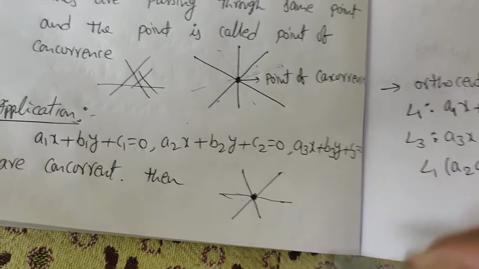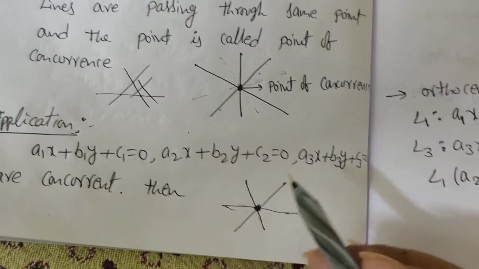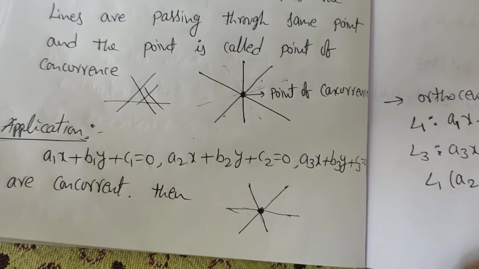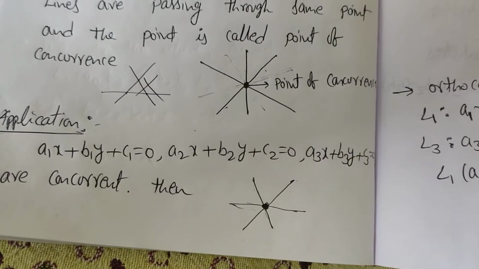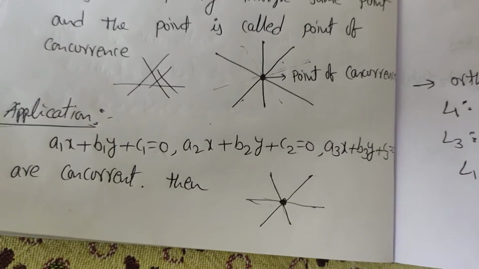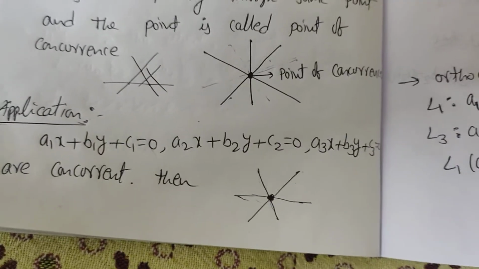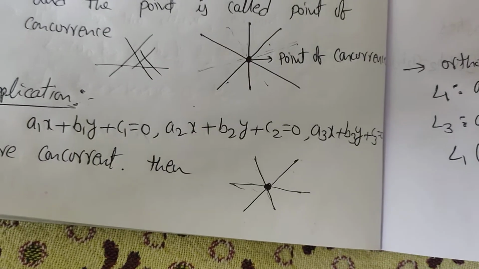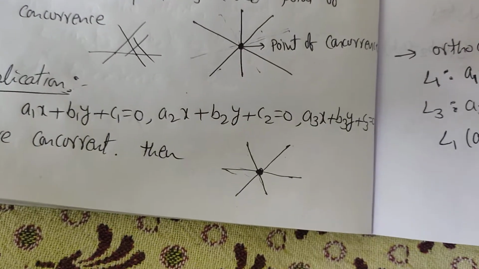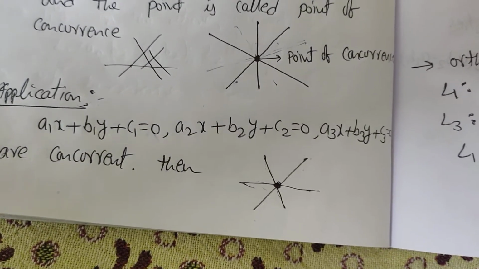So in the regular method, first take any two lines, find the point of intersection and substitute that resulting point in the third equation. If that satisfies the third equation, then you can say those given three lines are concurrent, otherwise they are not concurrent.